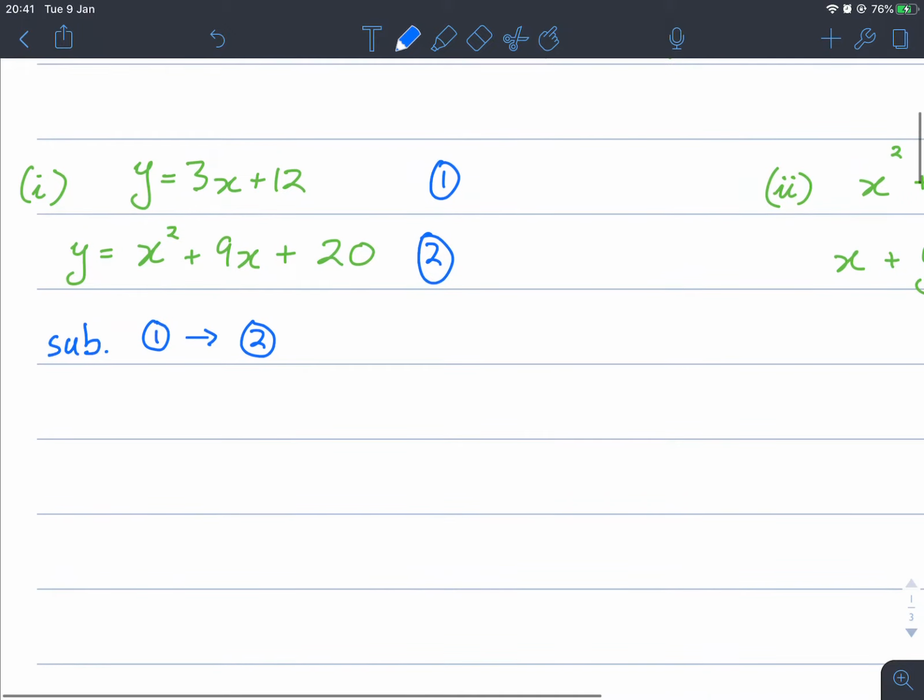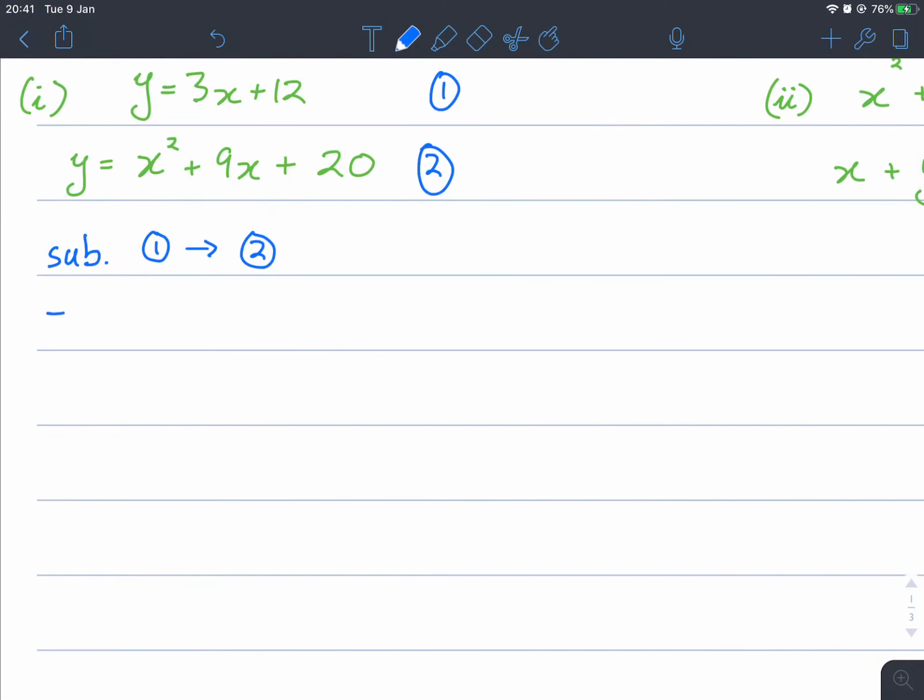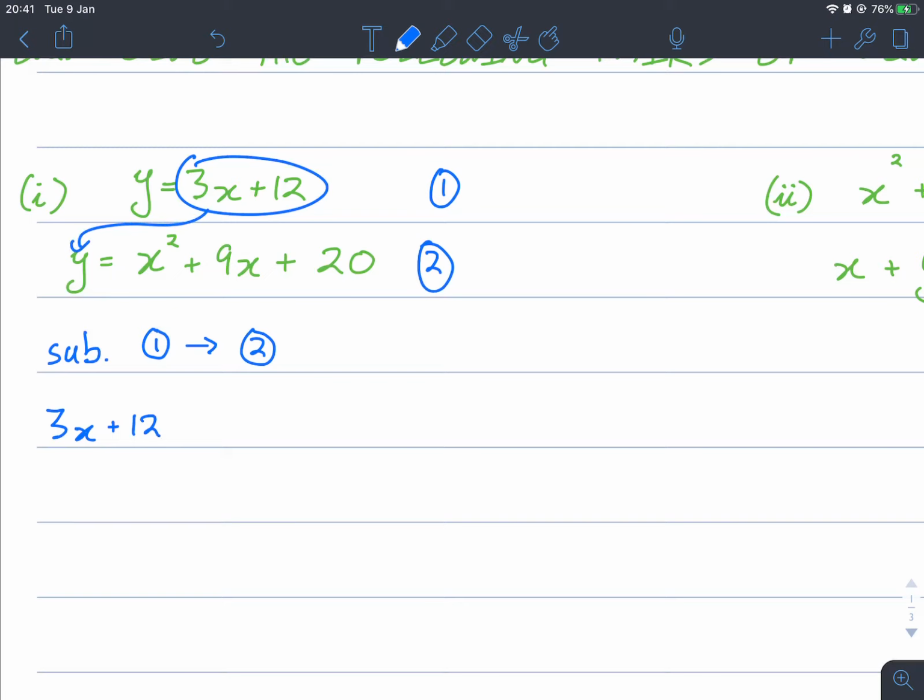By that I mean where y is equal to 3x plus 12, I'm going to substitute that value here. Okay, so now it's going to become 3x plus 12. So there's my substitution. I took that one and put it here.